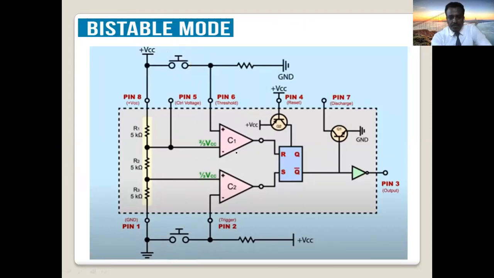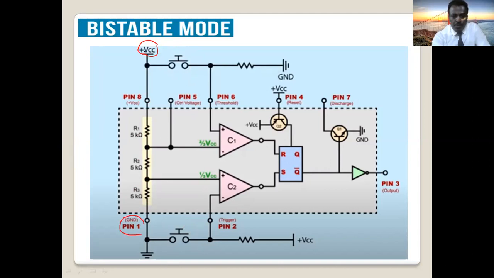As we discussed last class, it has first these 3 resistors, 5 kilo ohm each, internally.